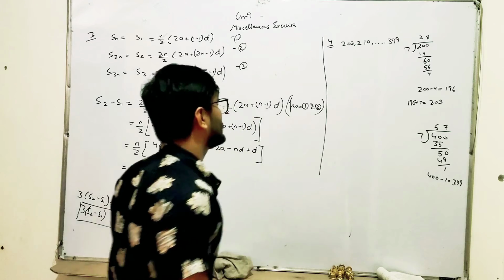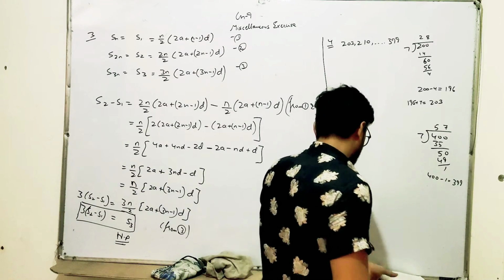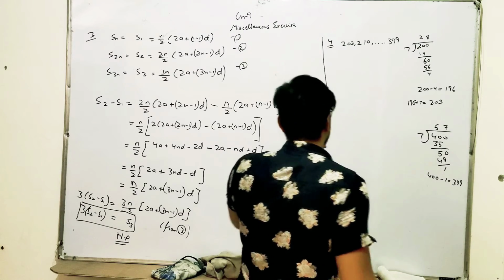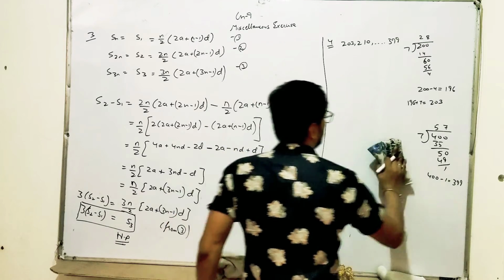So 399 is divisible by 7. So this is the required AP, right? Now what we have to find out is the sum of all numbers, right?